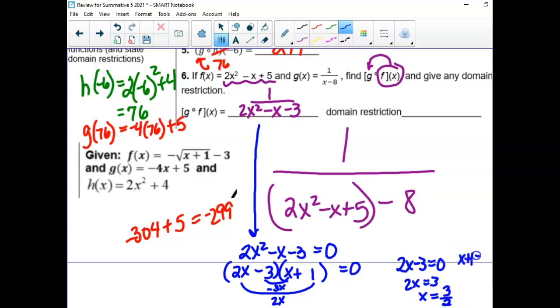And x plus 1 equals 0 would make x equals -1. So the domain restrictions are x cannot equal -1 or +3 halves. And it doesn't say you have to be in interval notation, so it's okay to just write it like that. All real numbers except, and if you just forgot the all real numbers, I wouldn't even care.